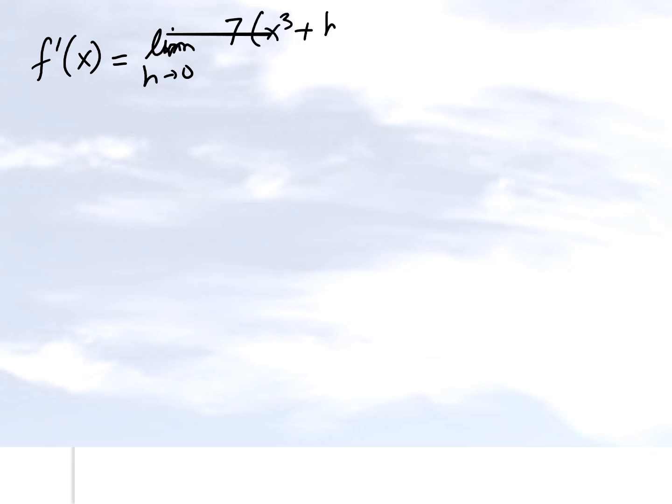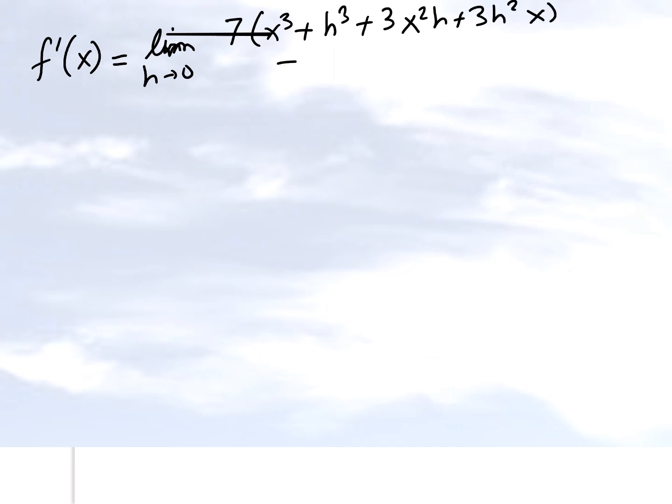So what we have is that our f prime of x will be equal to the limit as h approaches 0, and we're going to expand (x plus h) whole cube, so we get 7 times (x cubed plus h cubed plus 3x squared h plus 3h squared x).